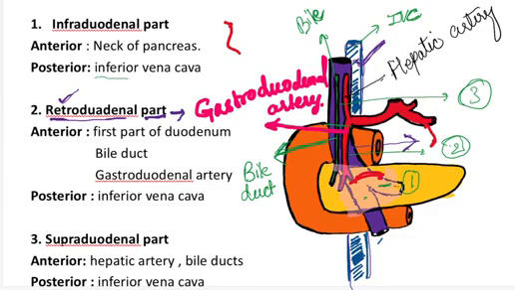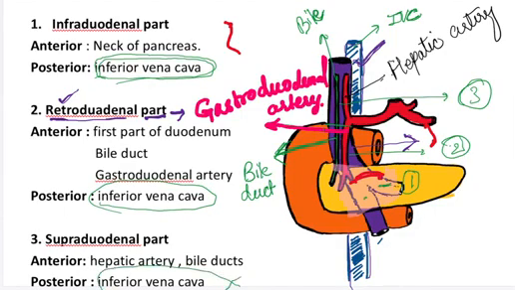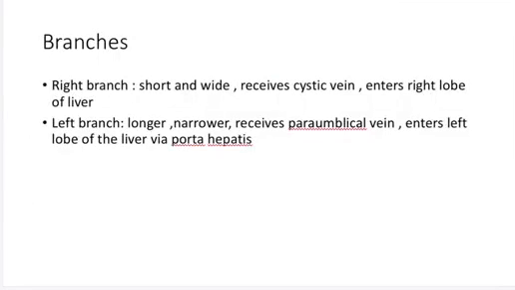We have a very important thing to know over here. It is easy to remember for all of us that throughout the entire course, the inferior vena cava is present posteriorly. So this diagram is a key diagram that you should all learn to draw and reproduce in the exams. Now let us come to the branches of the portal vein.